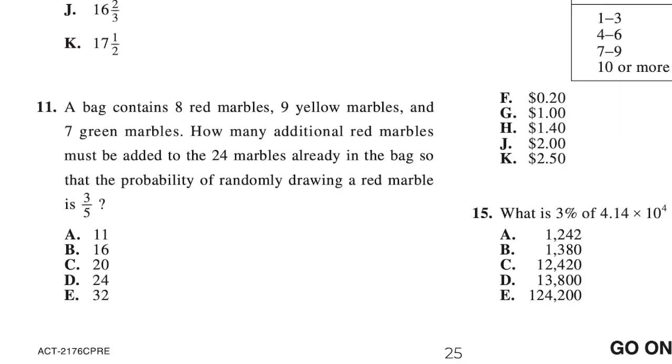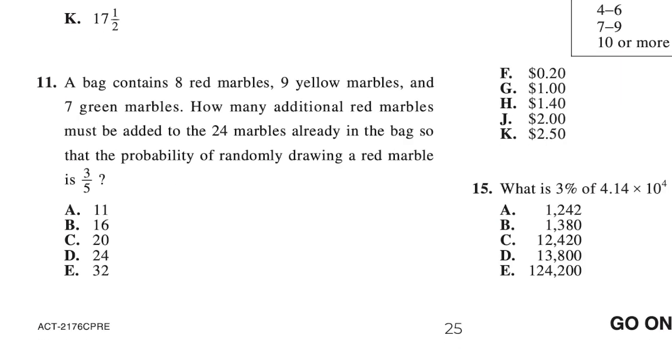Now number 11. Okay, this is a fun sort of probability statistics problem. A bag is containing 8 red marbles, 9 yellow marbles, and 7 green marbles. It's asking how many additional red marbles must be added to the 24 marbles already in the bag so the probability of randomly drawing a red marble is 3 out of 5. So our denominator is going to be how many marbles will be in the bag, right? Well, it's 24, and then plus x.